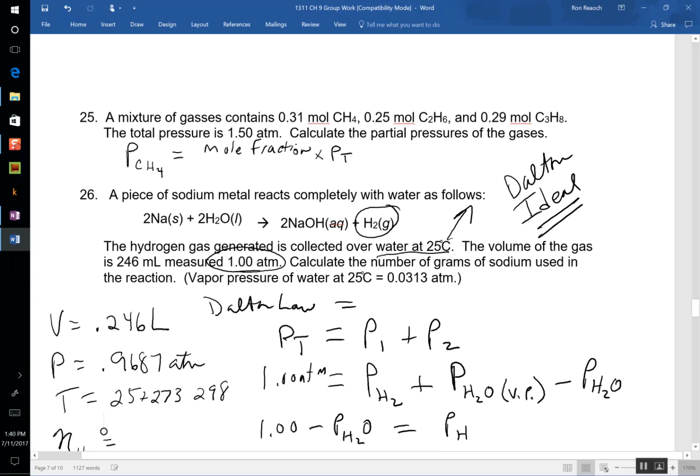So what is the mole fraction? You add these up, 0.31 plus 0.25 plus 0.29. That's your total moles of gas, and the mole fraction for methane is going to be 0.31 divided by that total.